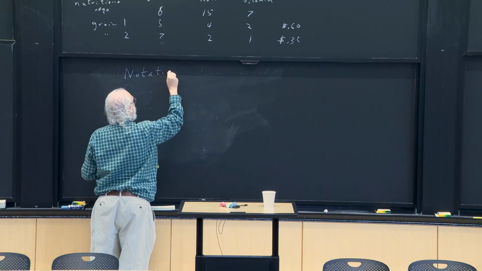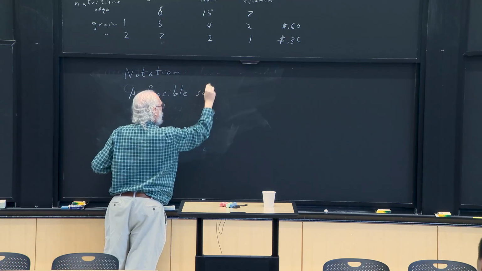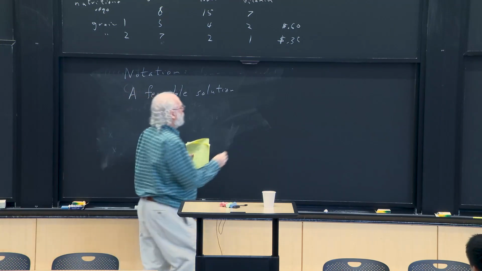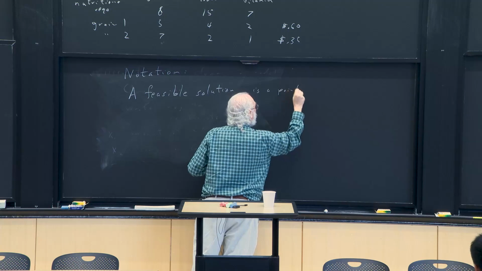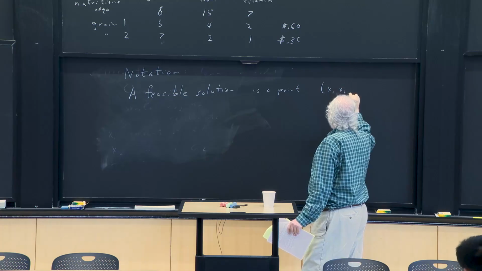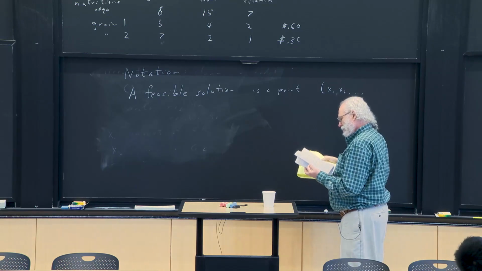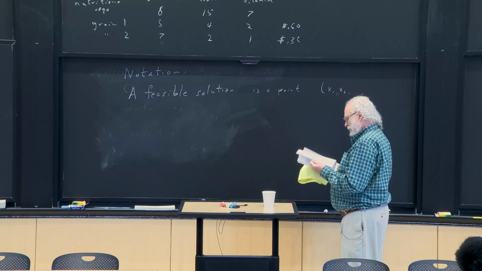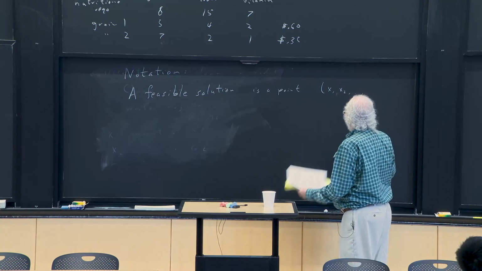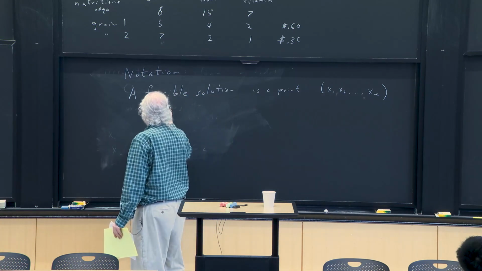Notation. A feasible solution, which is not necessarily optimal, is a point, let's say x1 through xn are variables, that satisfies all the constraints.